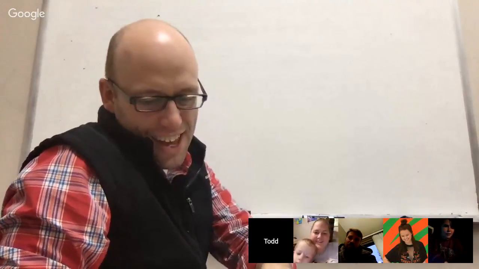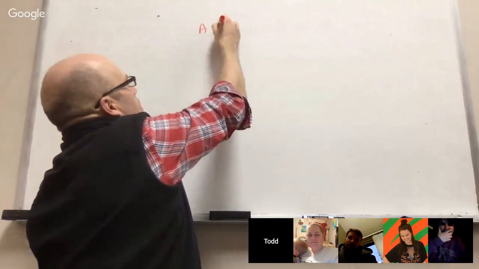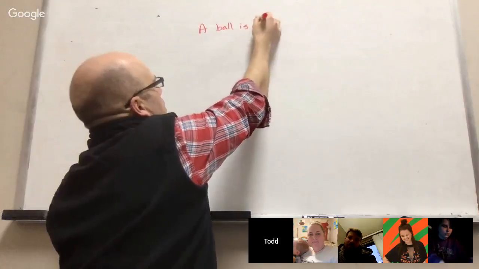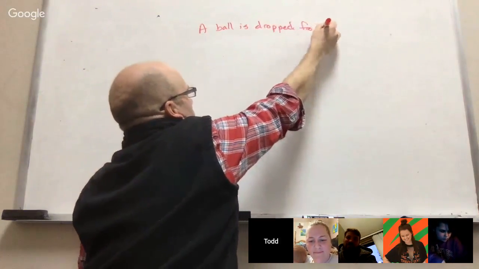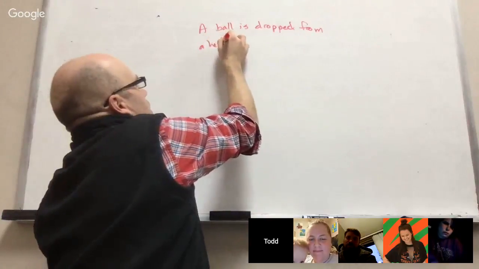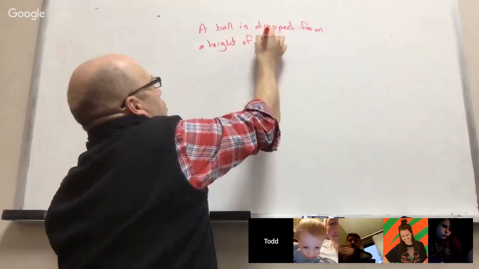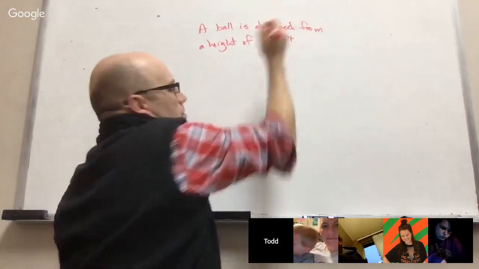I'm sorry. All right. So the question is, a ball is dropped from a height of 120 feet.